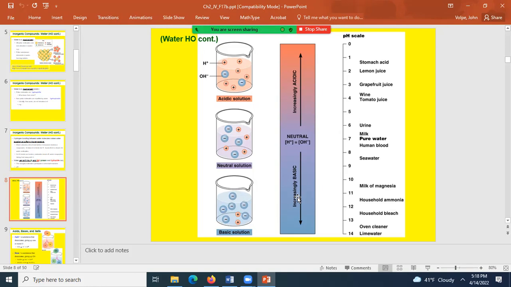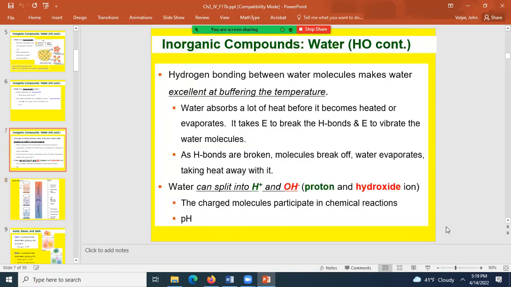Now, when you have distilled water, before CO2 gets in it, and it first breaks apart, water will be neutral. And that's because when one water molecule breaks apart, it'll break apart into one H plus ion and one OH minus ion.